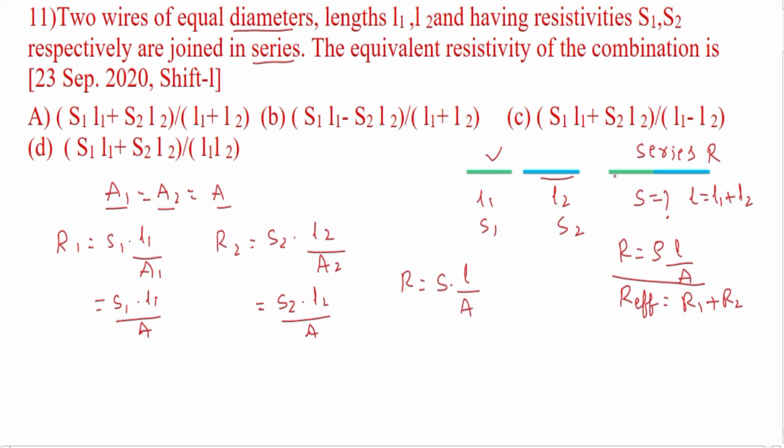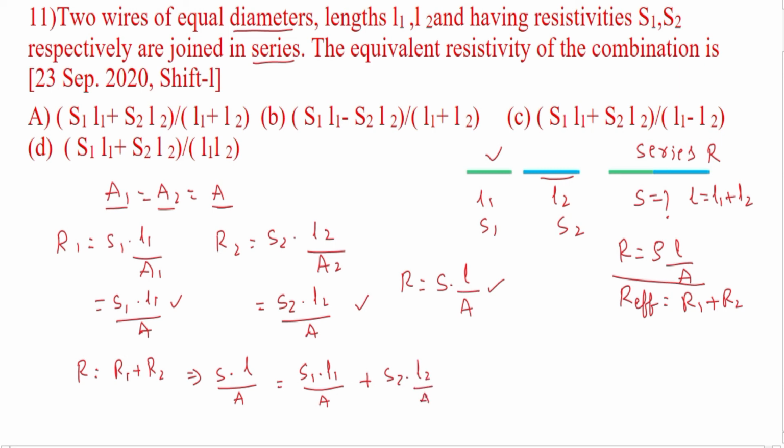The area of cross section of the combination will still be A only. Now these two are connected in series, so I can write R is equal to R1 plus R2. If I substitute, S into L by A is equal to S1 into L1 by A plus S2 into L2 by A.